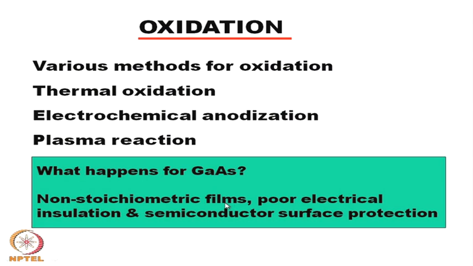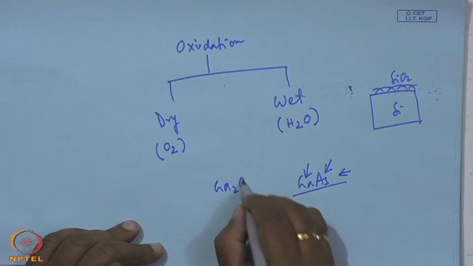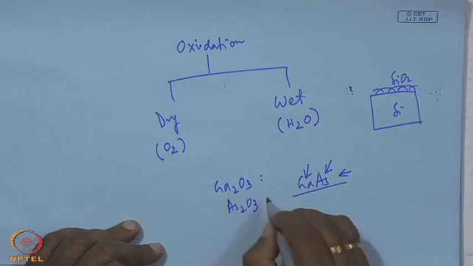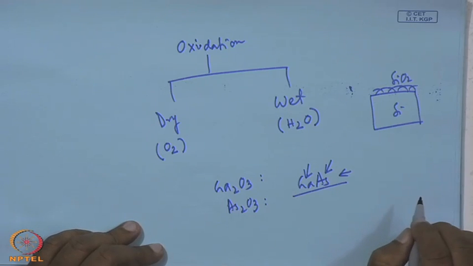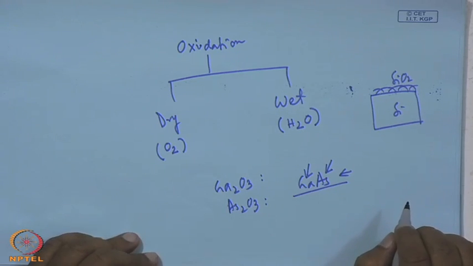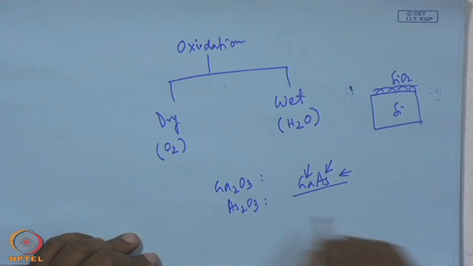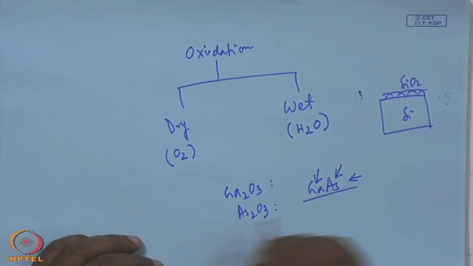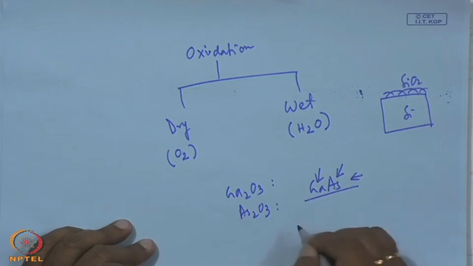You see that Ga2O3 or As2O3, that means gallium oxide or arsenic oxides, are formed. It gives very poor electrical insulation and semiconductor surface protection. So, these are not used, though they are the native oxides for gallium arsenide.